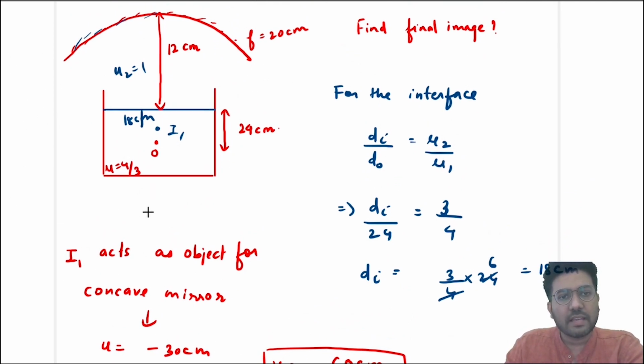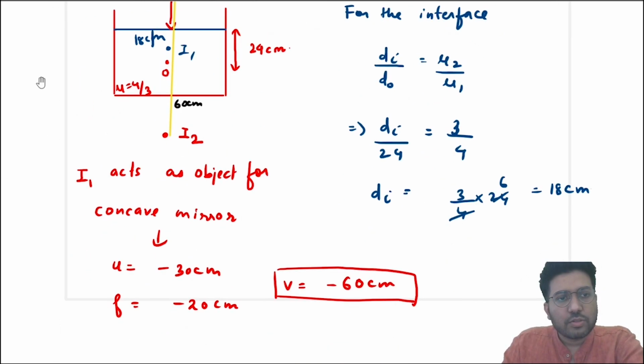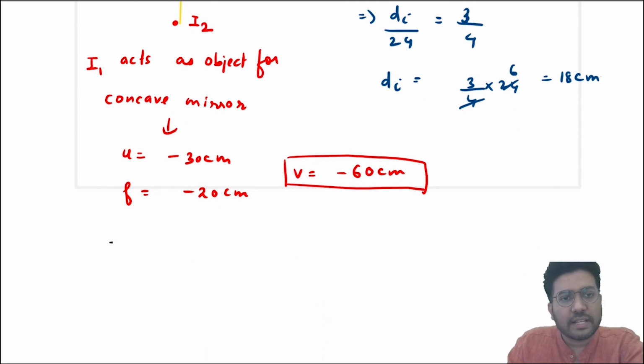So that means the image will be somewhere here. This is I2, and this distance is 60 centimeter. But this image is again an object for the interface.